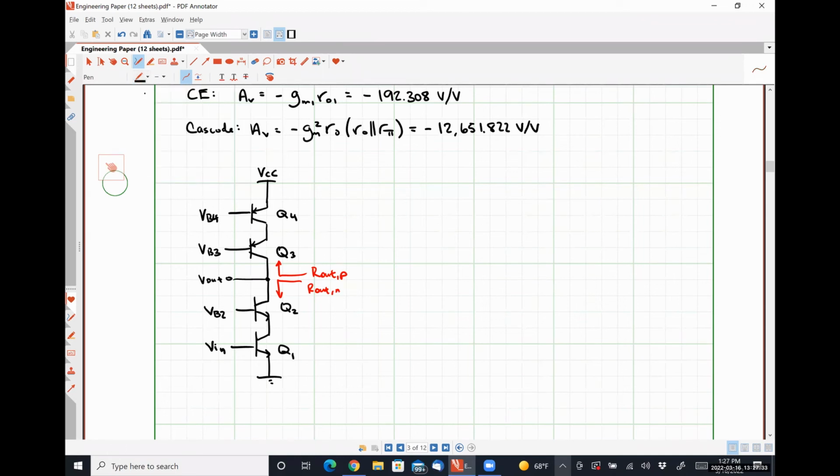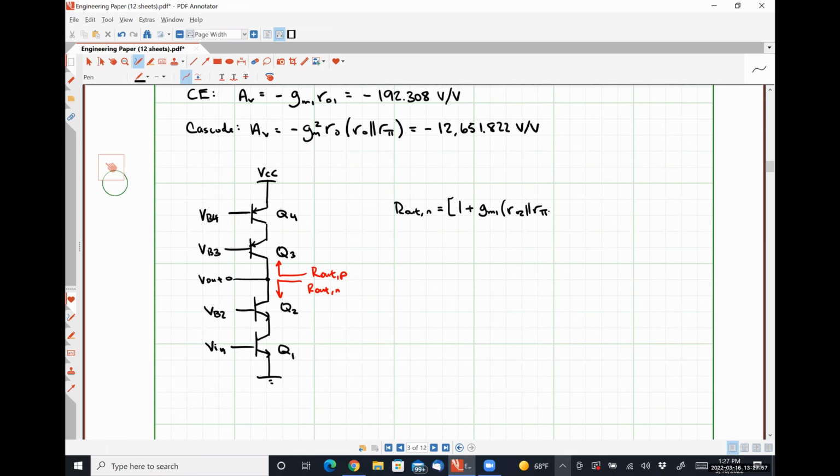We know from our analysis literally just a few minutes ago that R out N was 1 plus GM1 times R naught 2 in parallel.